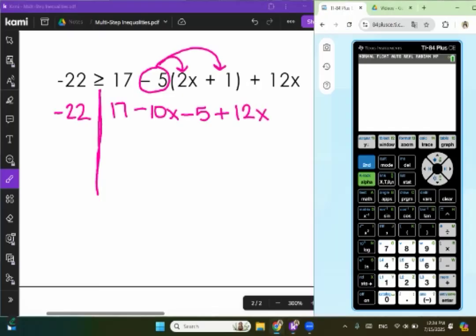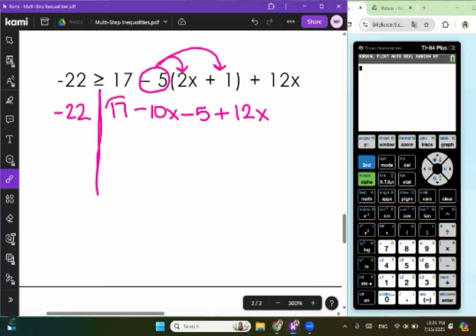One of the sides of the inequality does have too many terms. If you have too many terms, you combine. Okay. We have 2 boxes, 2 circles. Let's start with the circle. 17 minus 5. Know that to be 12.